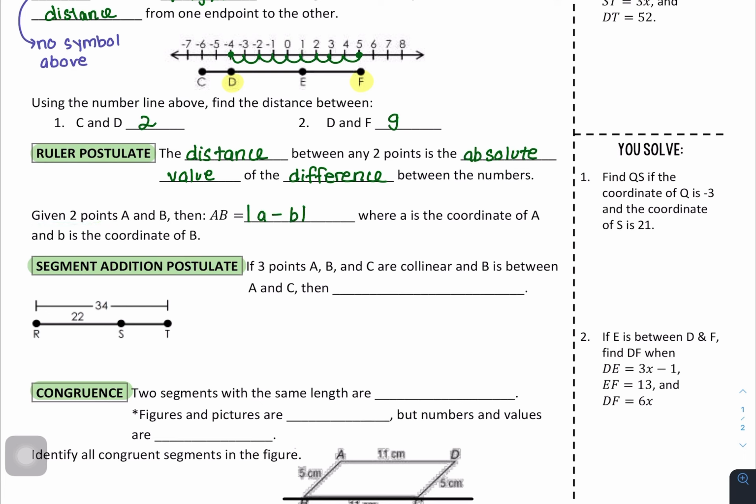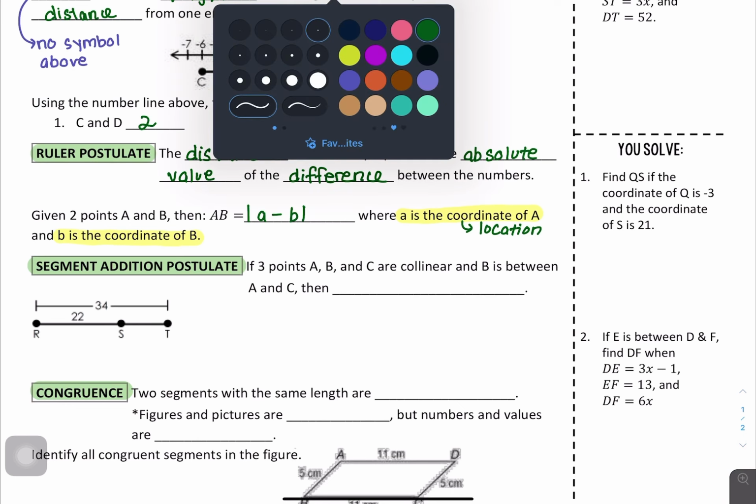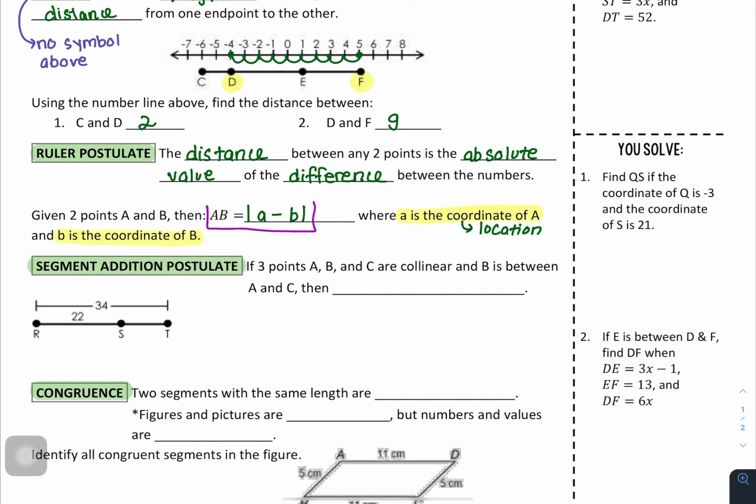Okay, and what is small a? Small a is the coordinate of A, and small b is the coordinate of B. And coordinate is just a fancy word for location. Okay, and let me frame this formula.